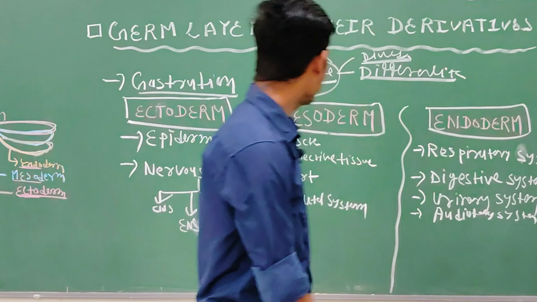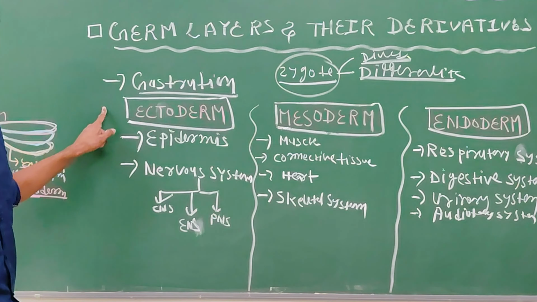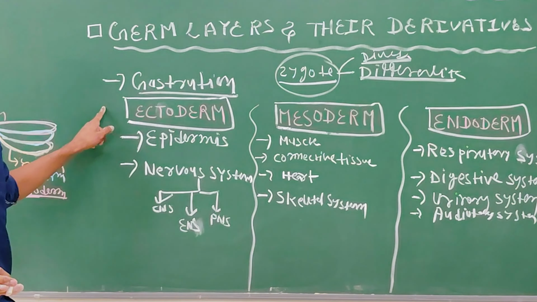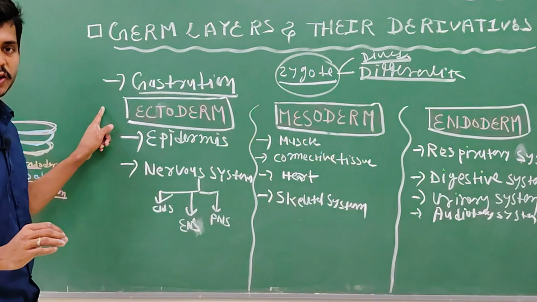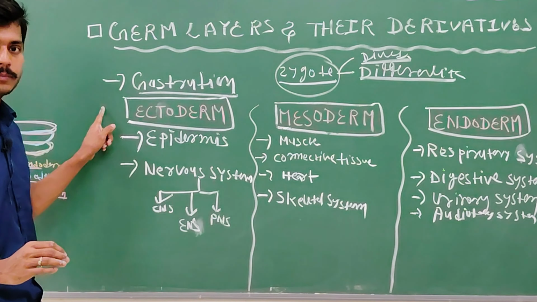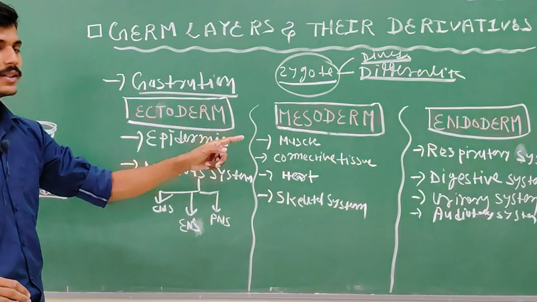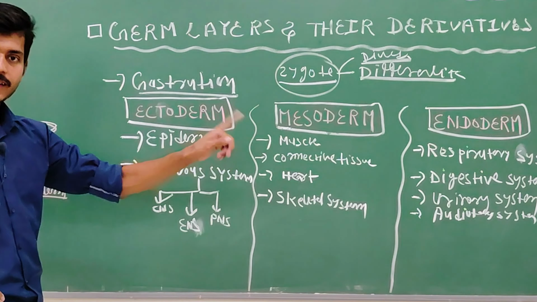Understood? Once again, through the gastrulation process the germ layers are formed. There are three germ layers in the human embryo: ectoderm, mesoderm and endoderm. Ectoderm is the outermost layer, mesoderm is the middle layer, and endoderm is the innermost layer.